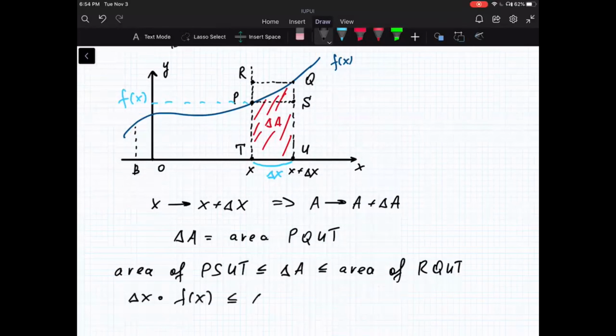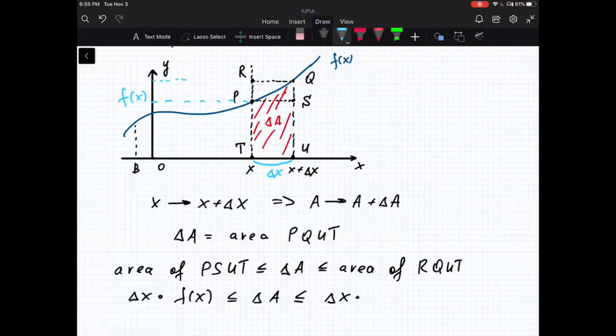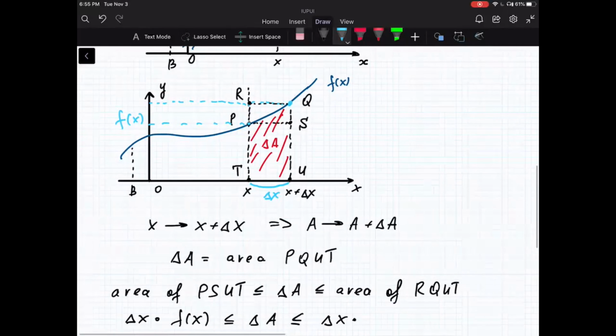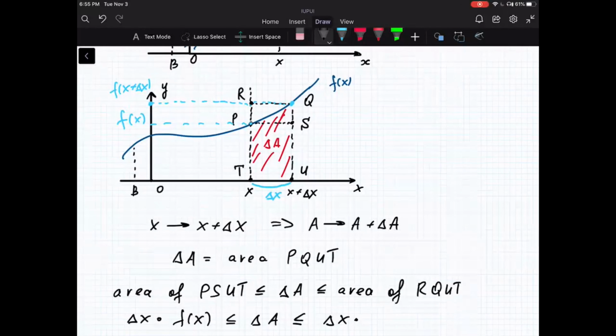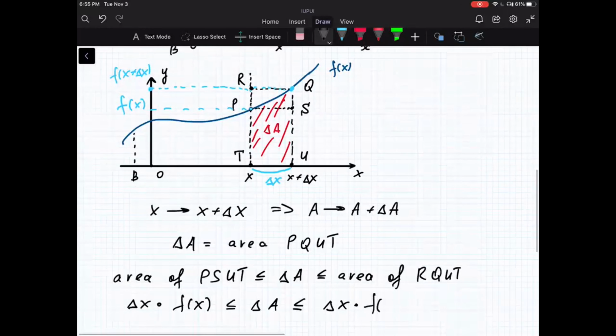And it is less than delta A, which is less than the area of RQUT, which is also a rectangle. So its base is the same delta x, but its height now is UQ, which is the same as the value at point x plus delta x. And so I should put here f of x plus delta x.